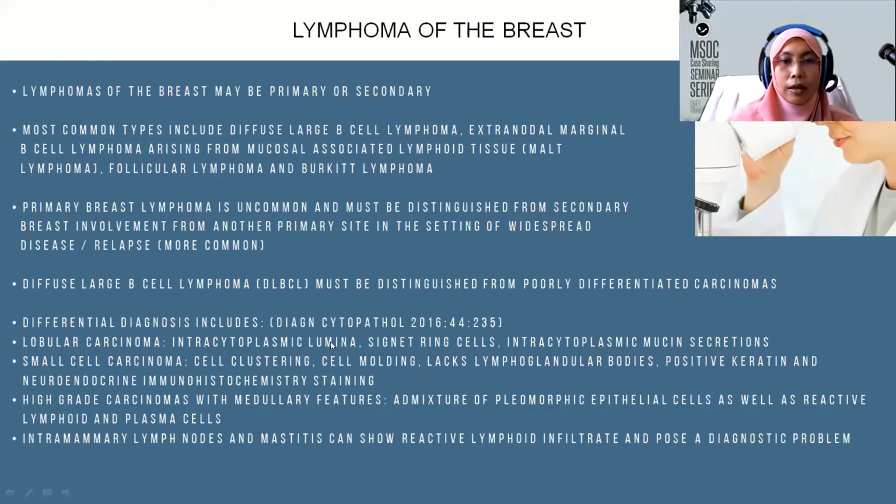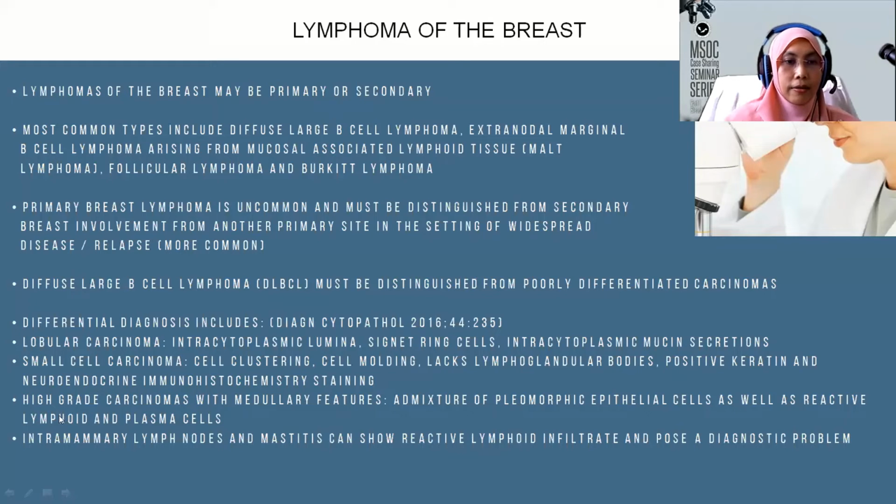So if it is lobular, features like intracytoplasmic lumina, signet ring cells, or intracytoplasmic mucin should be identified. Small cell carcinoma: cell clustering, cell molding, lack of lymphoglandular bodies, and positivity to CK and neuroendocrine markers.